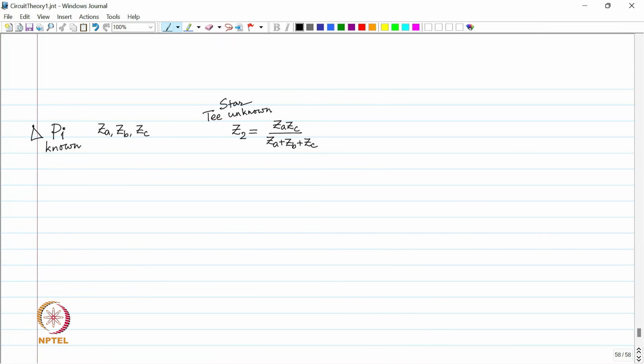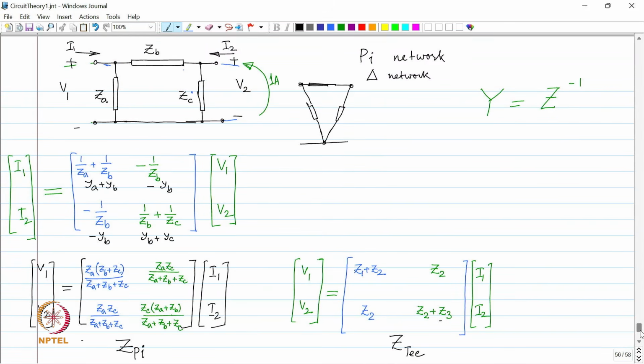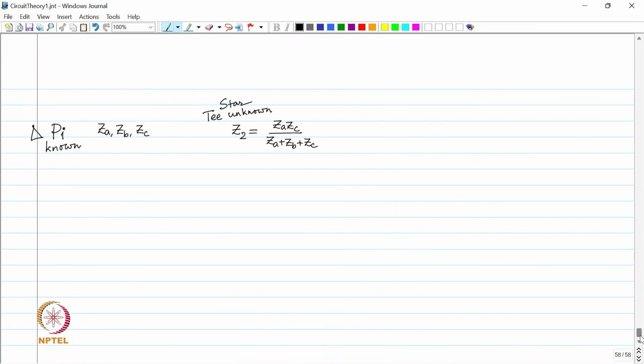Fine, I am writing only 1. So this one we are going to rearrange it a little bit and we are going to draw it as a triangle.